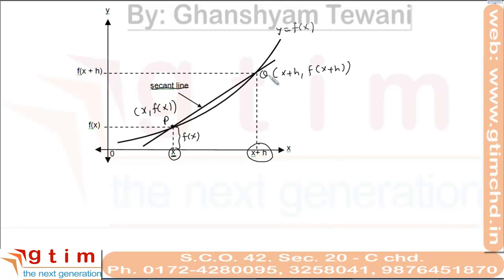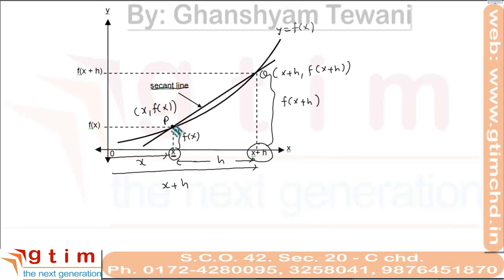Here this height is f(x plus h). Now this distance is x plus h and this distance is x. So the distance from this point to this point is h.